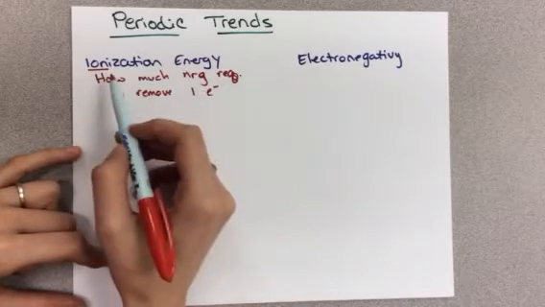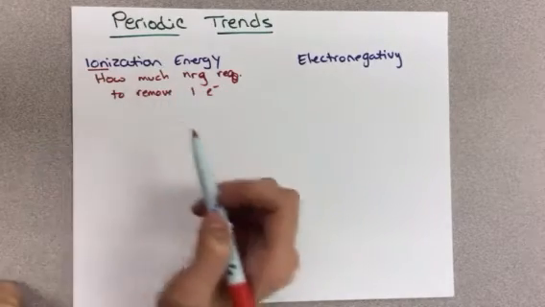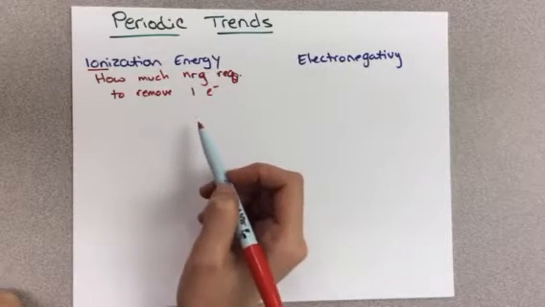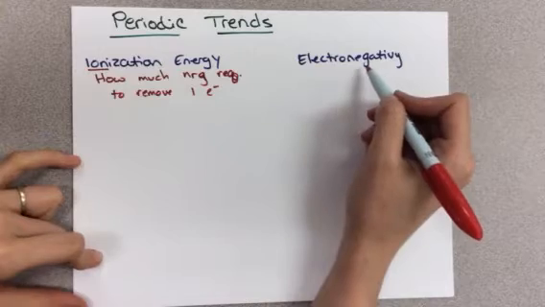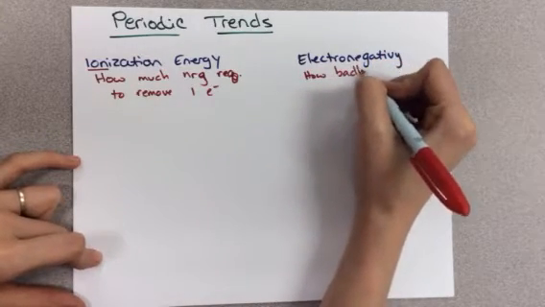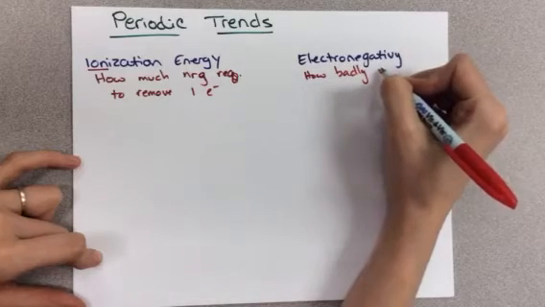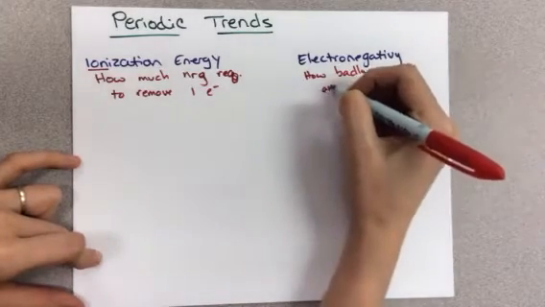So notice that we're removing an electron. If you remove an electron, you have created an ion, specifically a cation, because now it's positive. Electronegativity is how badly that element wants another electron.